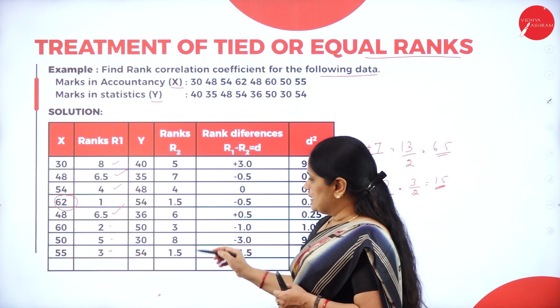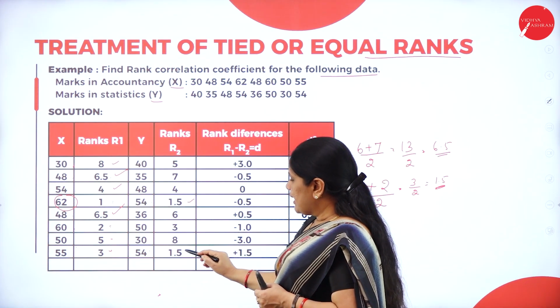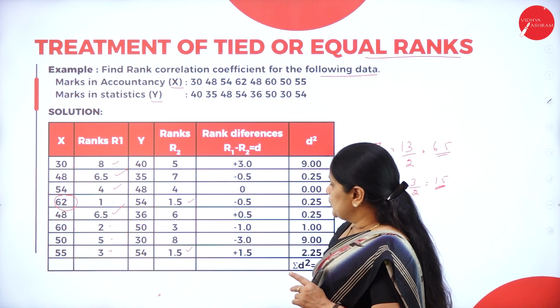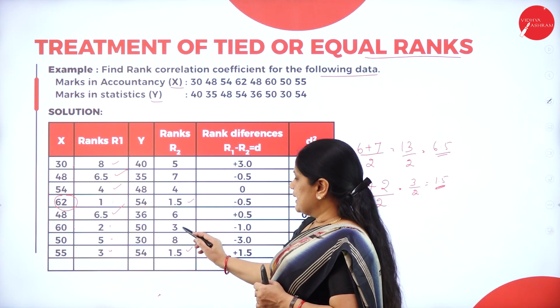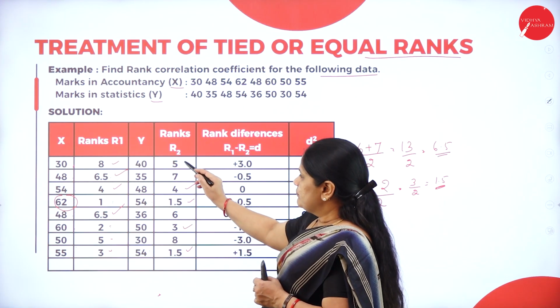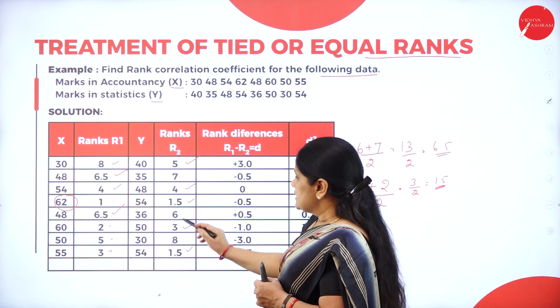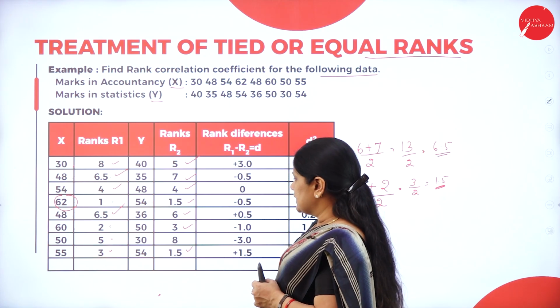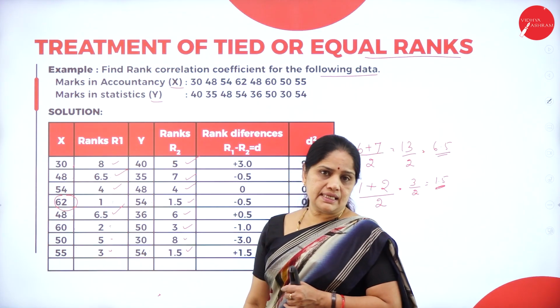So, it will be written as 1.5 and 1.5. So, there will be only 1 and 2 rank. Then the third rank is 50, fourth rank is 48, fifth rank is 40, sixth rank is 36, seventh rank is 35, eighth rank is 30.